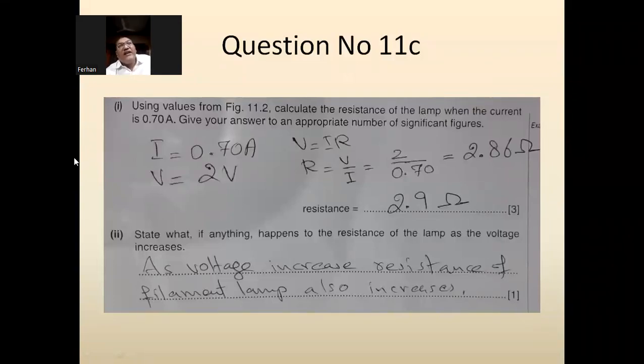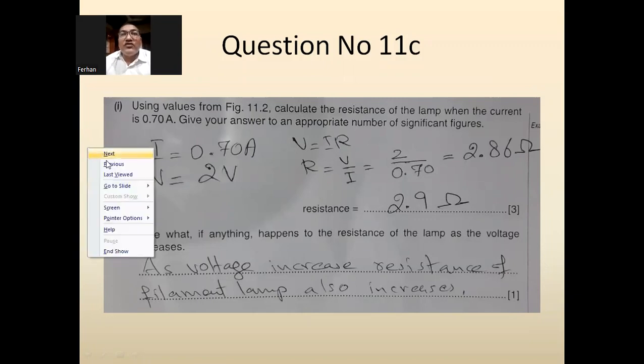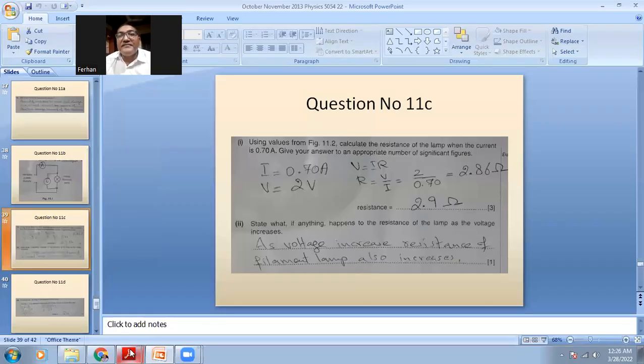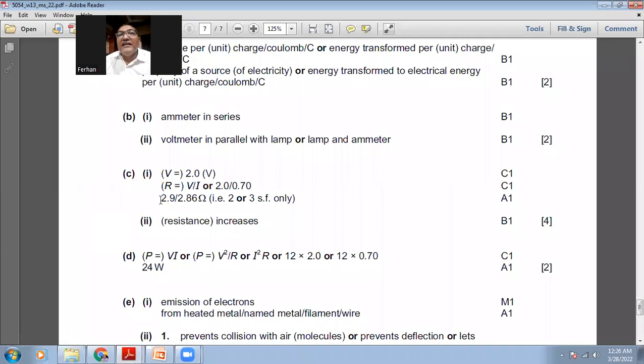When you divide it, you get 2.86 ohm, so it's approximately 2.9 ohm. So the resistance of the lamp at this voltage and current is 2.9 ohm. Let me check: 2.9 is our answer. So our answer is right.